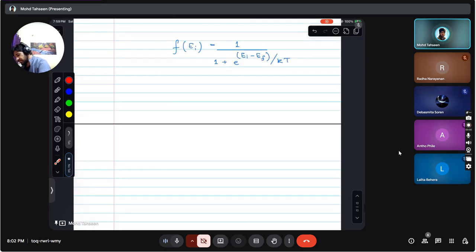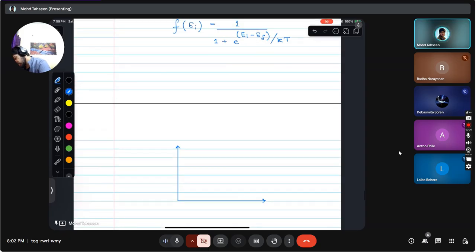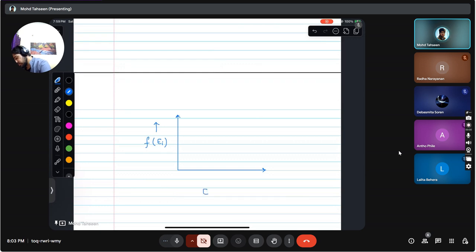Now if we plot this, we get a distribution of this kind. Here I will plot f of Ei on this axis, and here I will plot energy, simply Ei, the energy of each state, on the x-axis.